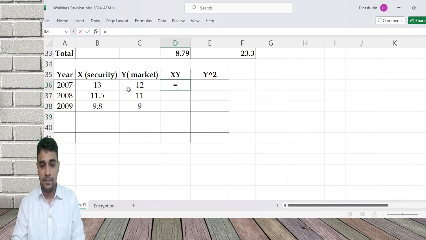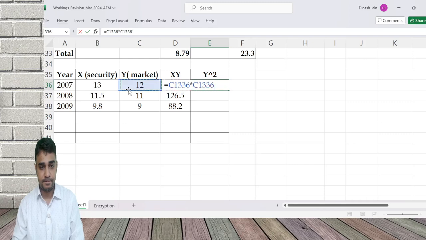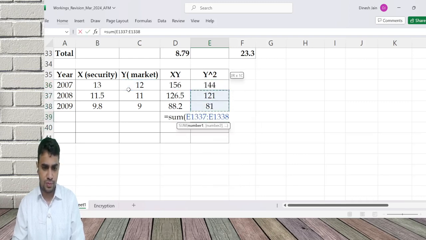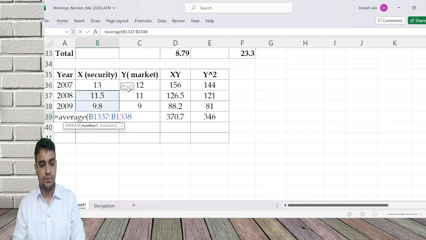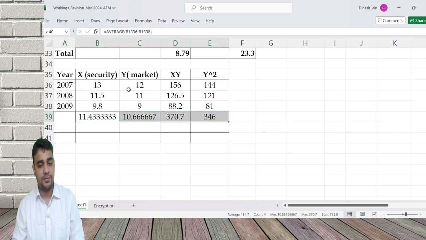xy is x into y and y square is y into y. Put a total for the last two and an average for these two. Second column I need average, third column I need average.